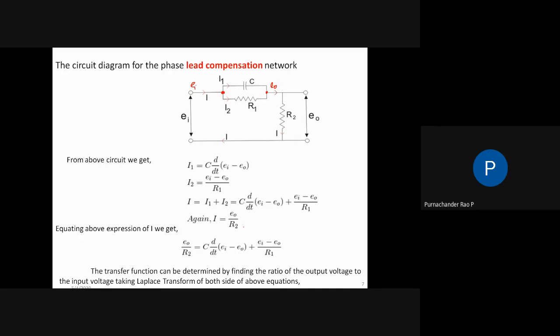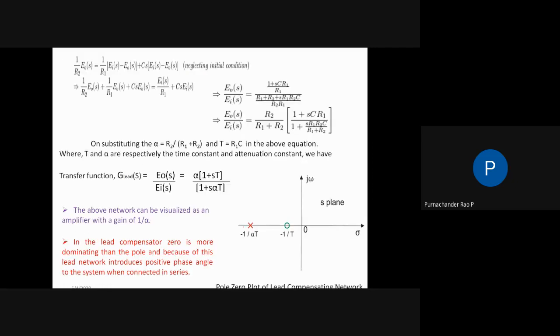Using the transfer function approach, which is the Laplace transform of output divided by the Laplace transform of input, taking the Laplace transform will give you the relation E naught by EI.